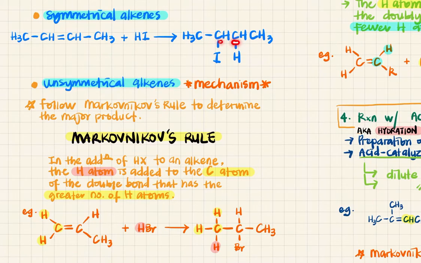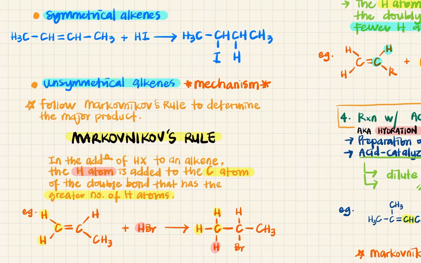Kalau letak sini pun kat sini pun, it will still be the same molecular formula. But if you have unsymmetrical alkenes, you will have to follow Markovnikov's rule to determine the major product.